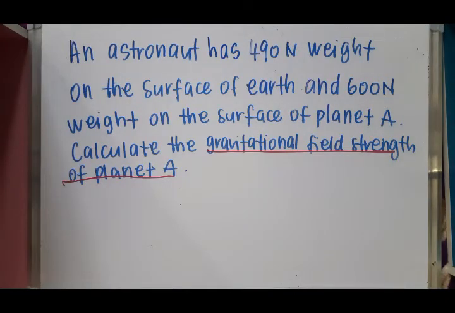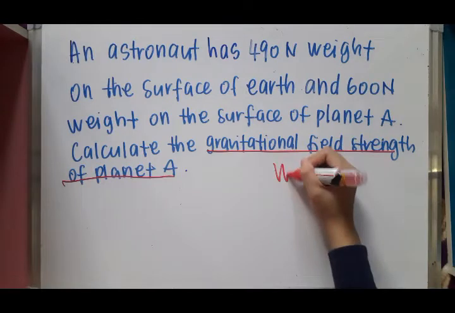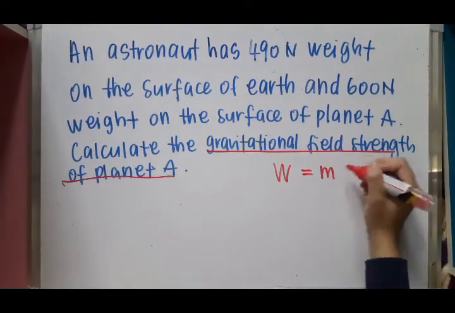Okay class, an astronaut has 490 Newton weight on the surface of Earth and 600 Newton weight on the surface of planet A. Calculate the gravitational field strength of planet A. So the question asks us to find the G value of planet A. So how? We still use this formula, W is equal to mg.